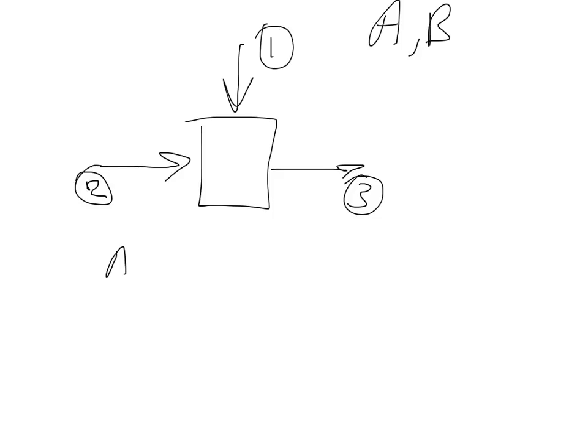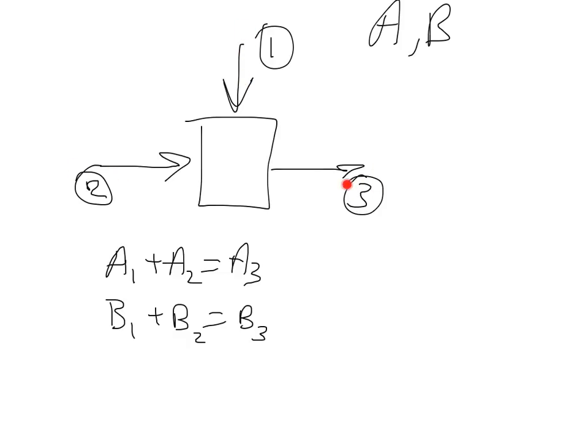If we write out the material balance, A1 plus A2 is equal to A3, B1 plus B2 is equal to B3. So this is just telling us, again, that the amount of A in stream 1 plus the amount of A in stream 2 is equal to the amount coming out in stream 3. And the same with B: the amount of B1 and B2 added together is equal to B3. And those are the material balance equations.